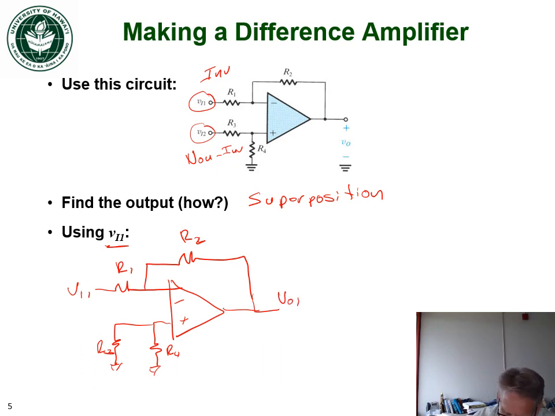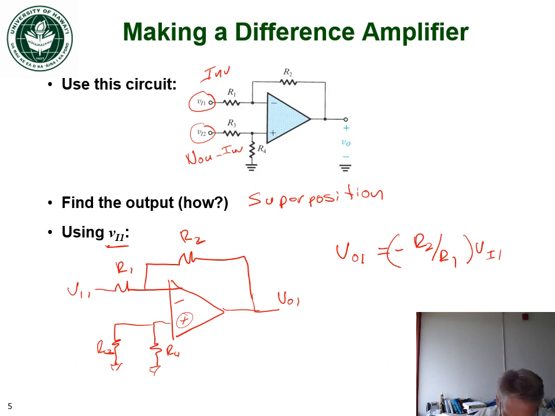So we can write by inspection, because R3 and R4 are grounded, there's no current, therefore the positive terminal is also grounded. So just based on the idea that this is an inverting amplifier, we can write that V out 1 is equal to minus R2 over R1 times VI1.